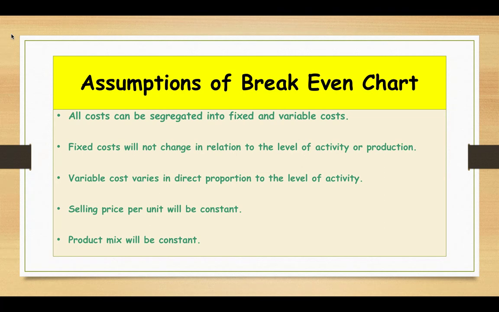For example, if the supply increases, the company has to reduce its selling price, or if the competition increases in the market, the company has to reduce its selling price. And the proportion of product mix also will not be constant always. So these are the main limitations of break-even chart. So in this one, we have seen the assumptions and the limitations of break-even chart.